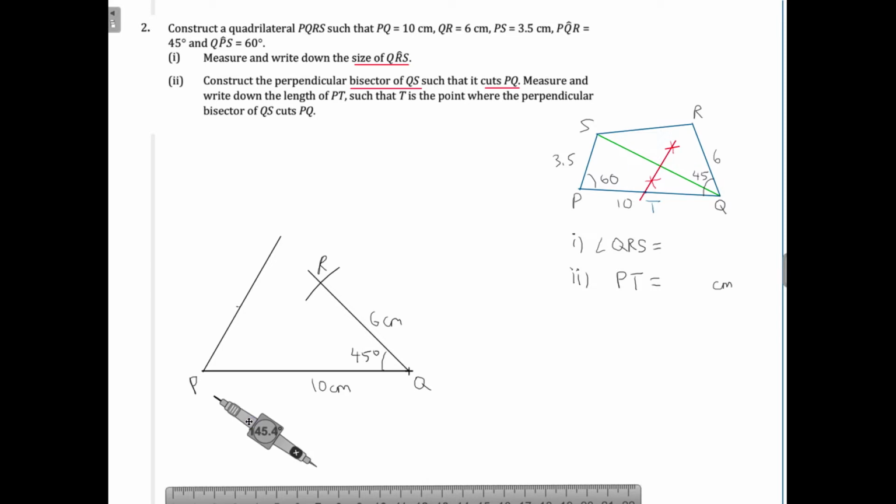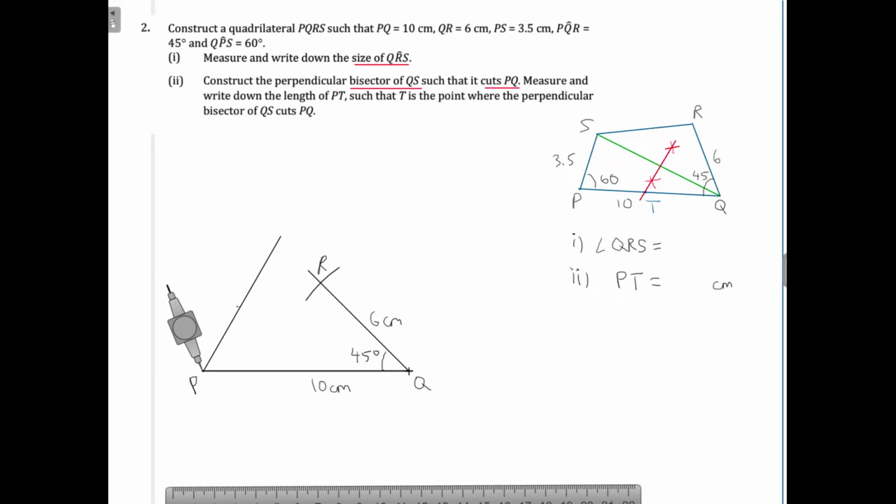We have to take the measurement from the ruler, but we are not able to get a length of 3.5. We should actually bring the compass and cut at 3.5, which is actually around here.